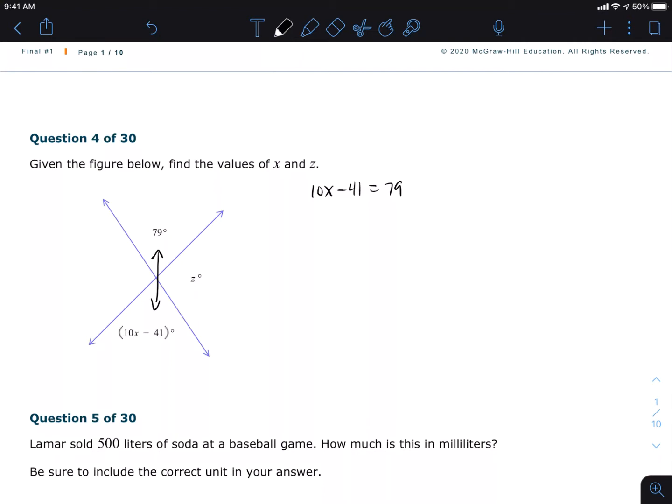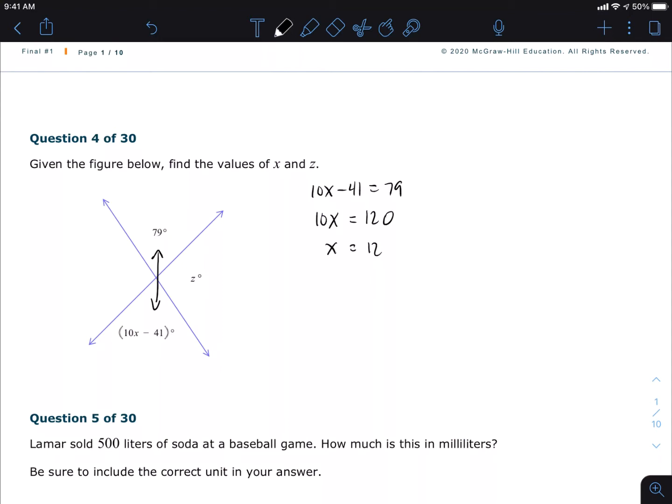Then what I'm going to do is add 41. So that's going to be 120. So x is going to be 12.